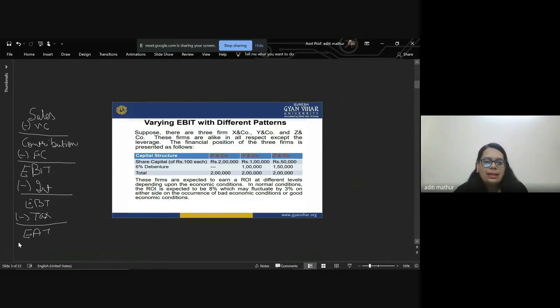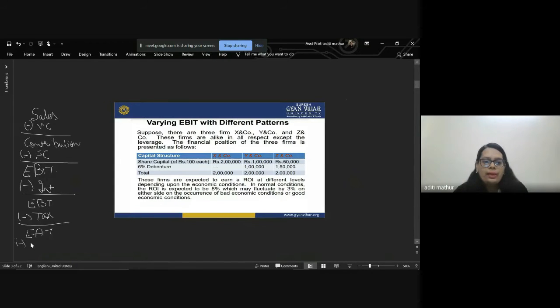From this EAT, first we pay the preference dividend if we have preference shareholders.